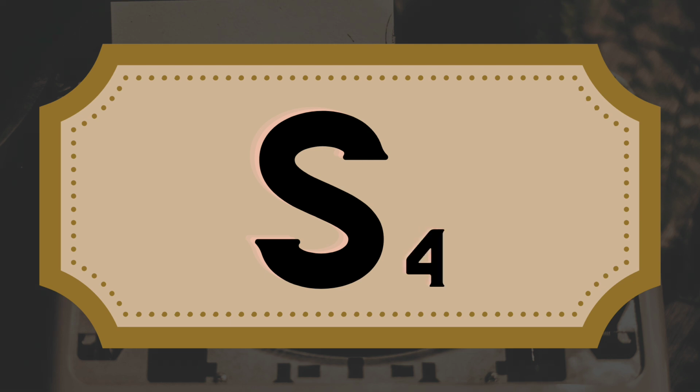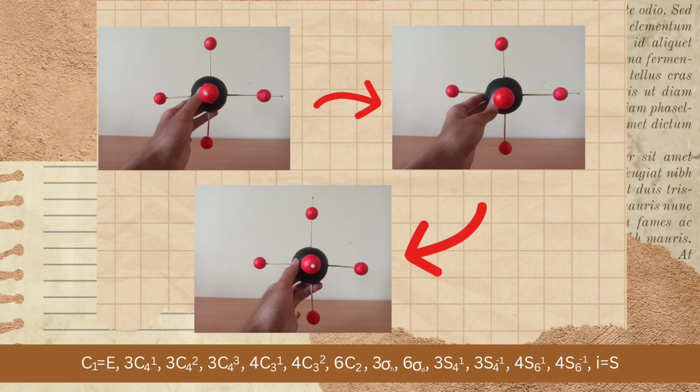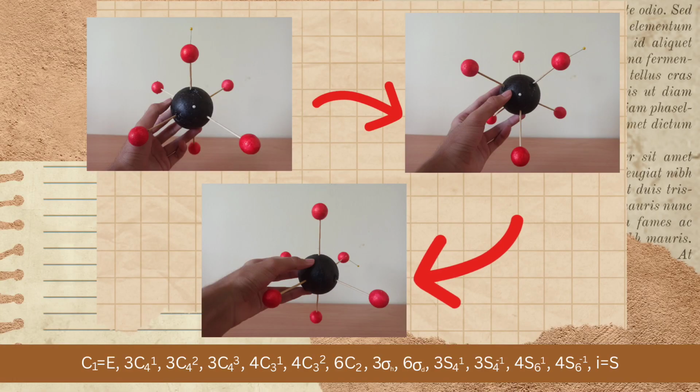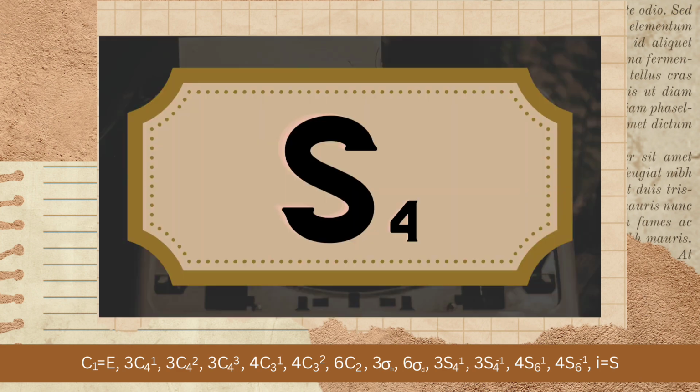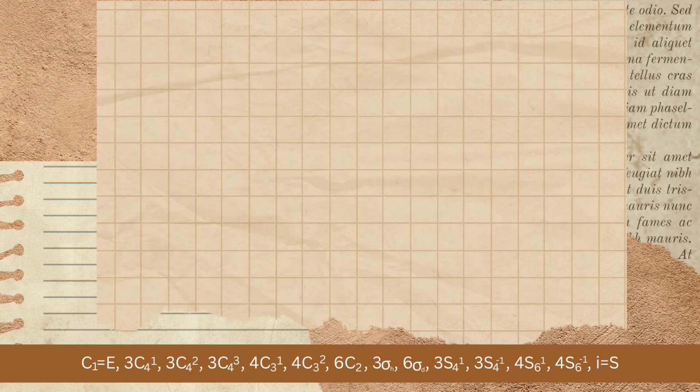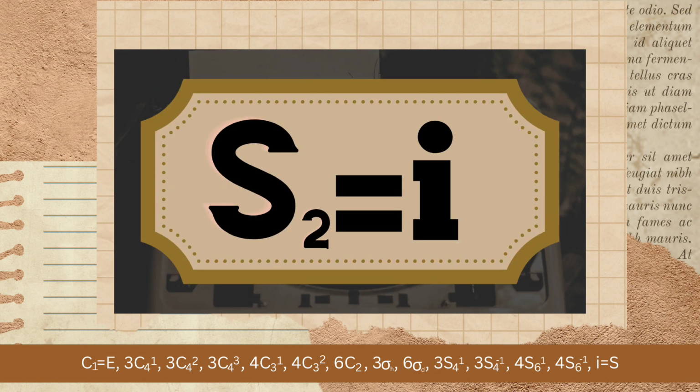For SF6, the molecule rotates at 90 degrees and 60 degrees, then reflects in a plane perpendicular to the respective axis. Therefore, improper rotation can be 3 S4 and 4 S6. For your information, sulfur hexafluoride has S2 that is also the center of symmetry, i.